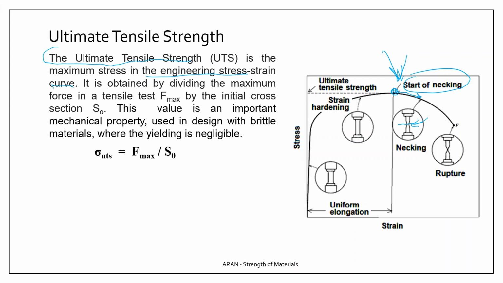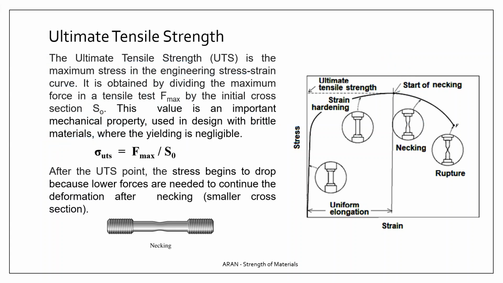You can obtain it in a tensile test by taking the maximum force and dividing by the initial section. This is also an important mechanical property, especially which we can use for brittle materials. As mentioned, after this point, the stress will drop because we will have smaller sections.